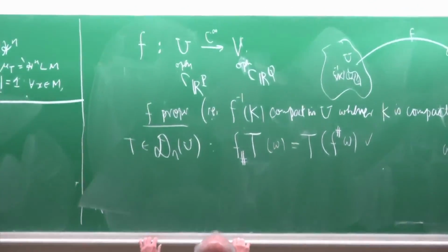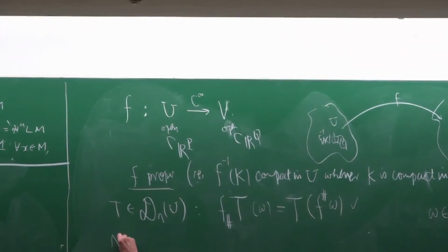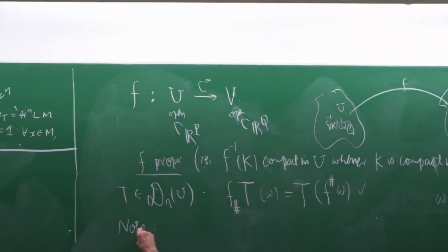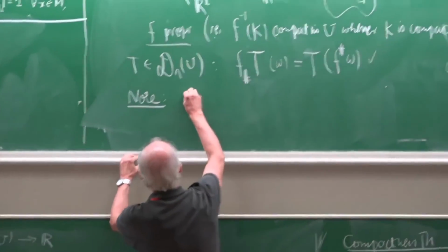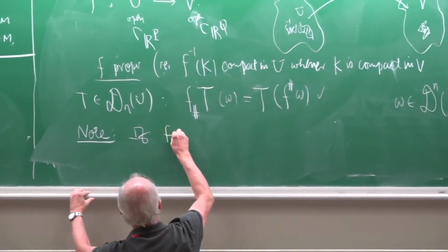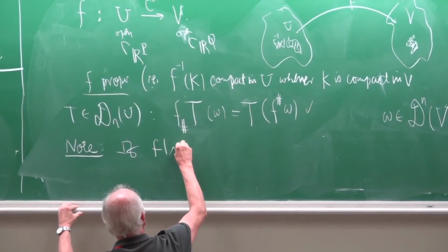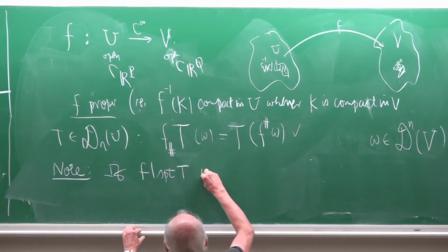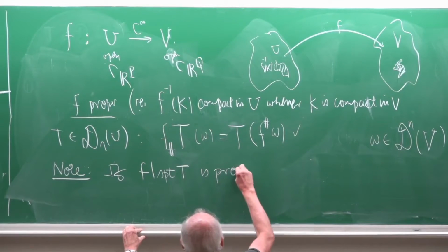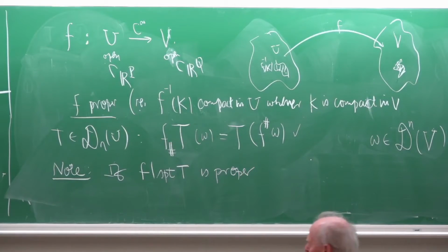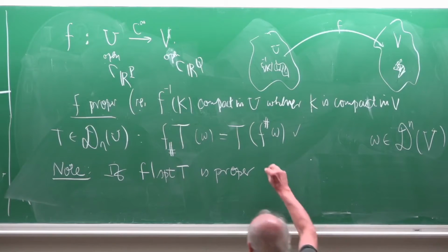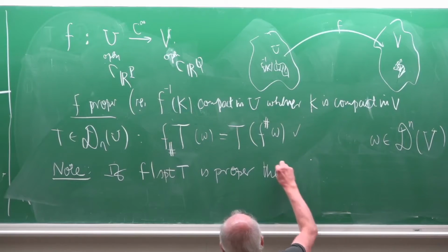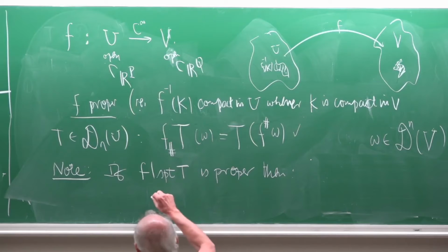So note, if F restricted to the support of T is proper, that's a weaker condition and it's more useful in practice. Then you can give an alternative definition. Then you make a slightly modified definition.